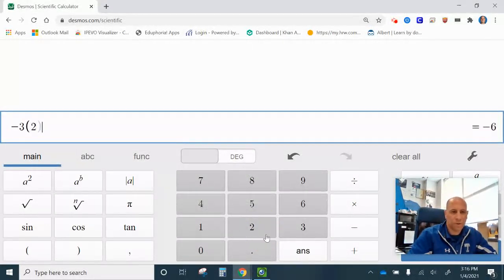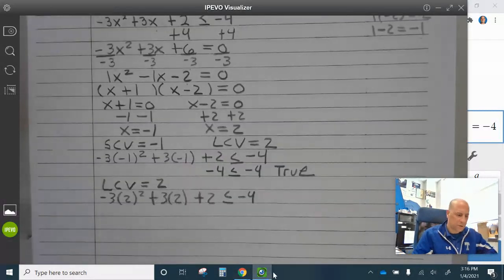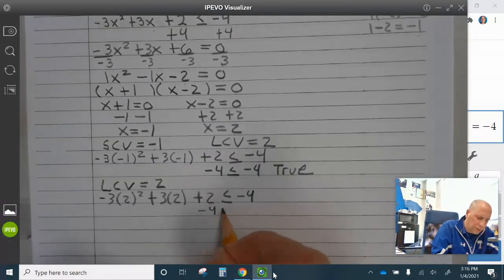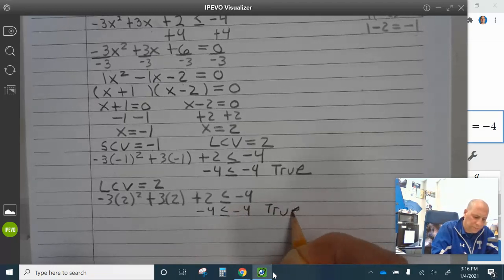So 2 squared plus 3 times 2 plus 2 is negative 4. Well, negative 4 is less than or equal to negative 4, so that's a true statement.